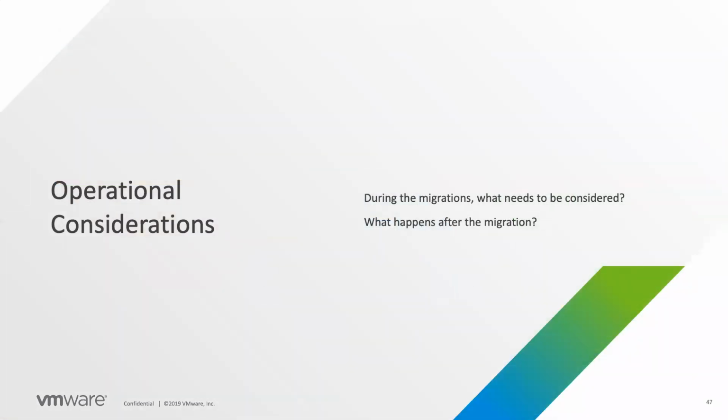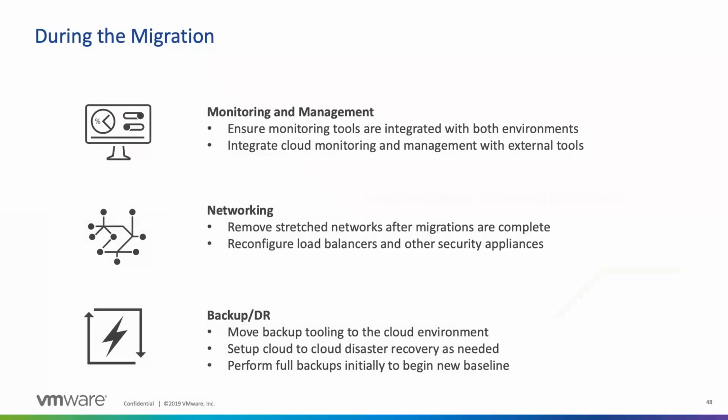Okay, so what needs to be considered during migration? There's a couple of things that I see customers consistently miss as they're migrating workloads. The first is your monitoring tools and your management tools. Make sure that those tools are integrated with both environments before you move the workloads.